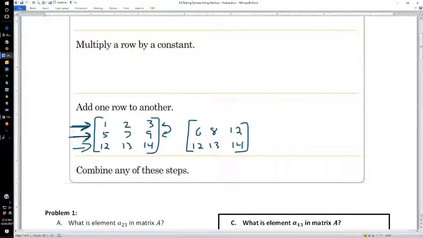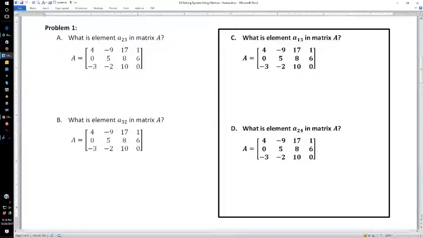How do we get our way around these things? So I'm going to pause again. Pause. Problem 1, all right? What is element A23 in matrix A? Okay, this represents a specific cell in this matrix A. A specific data point. And literally, A gives you the row, then the column.